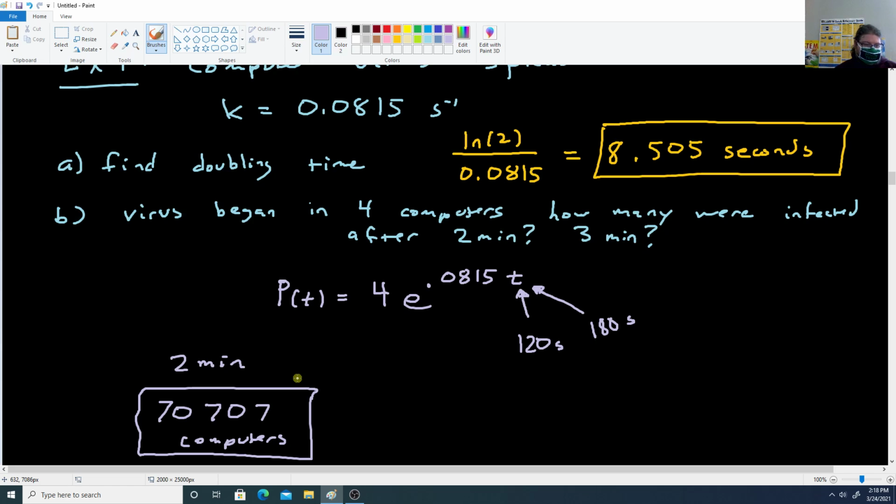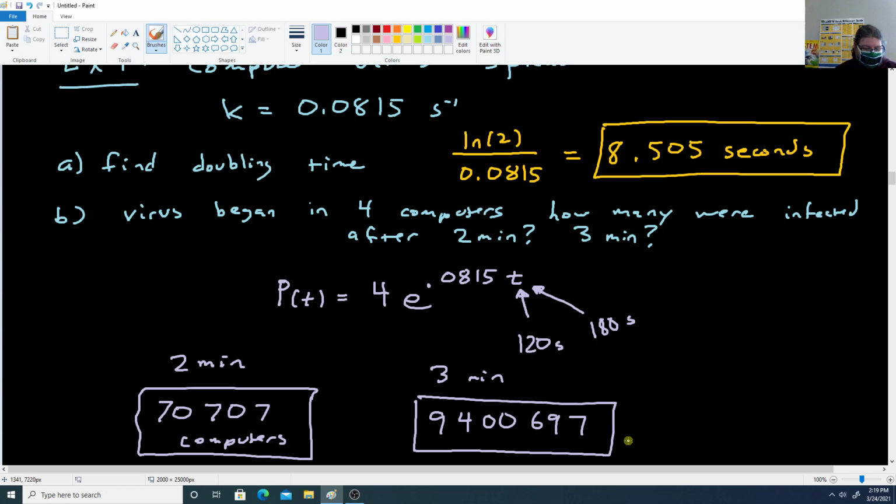It was like 706.6 but we can't have 0.6 of a computer infected, so we'll round it up. Whenever it's 3 minutes, we get 9400696. And we'll round that last one up to 7 because we have another partial decimal after it. All right, so that'll be about how many are infected after each of those amounts of time.